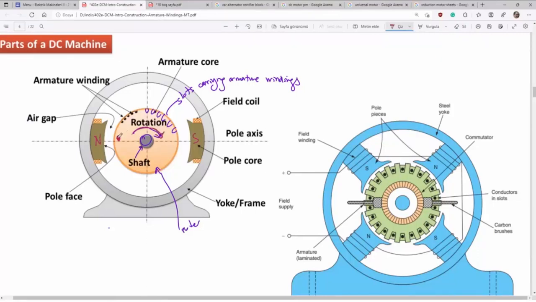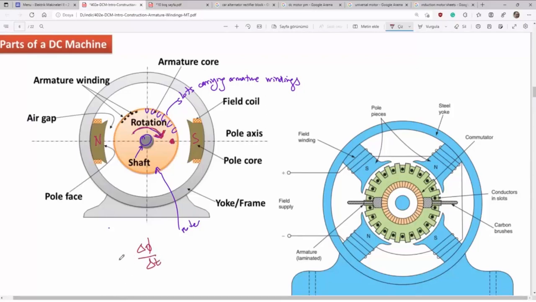And then when it moves down to here, the red dot given here will be here because of rotation. So this point will be under changing magnetic field.